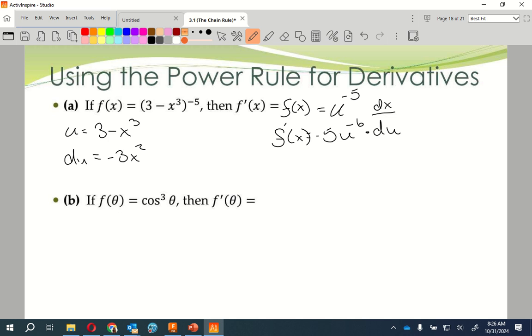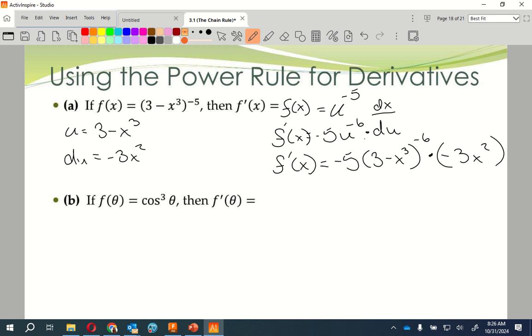You want the full thing right there? I'll write it out. So, sub back. It's going to be f prime of x is negative 5 times my u, which is the quantity of 3 minus x cubed, raised to the negative 6, times my du, my derivative of u, which is going to be negative 3x squared.